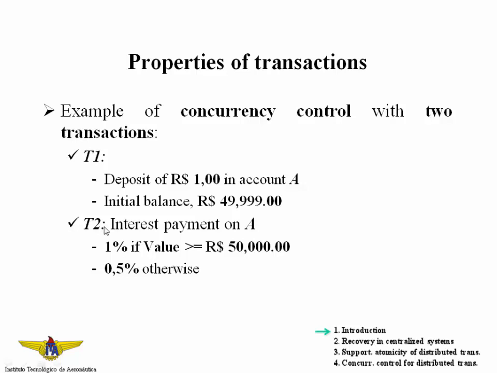You also have another transaction T2, which is an interest payment on A. In this case, you pay 1% interest if the value is greater than or equal to R$50,000. You pay 0.5% if the value is less than R$50,000.